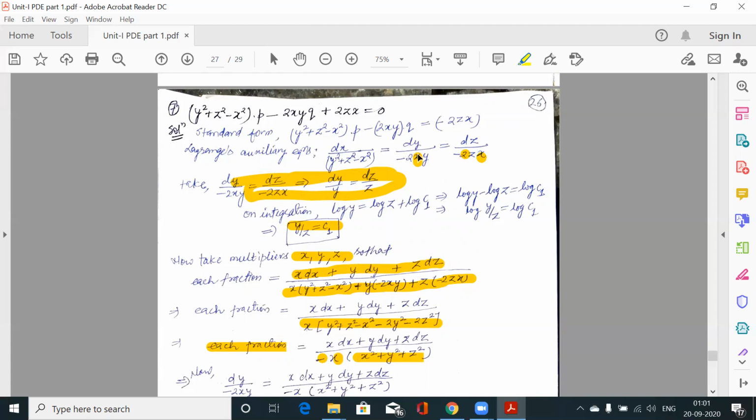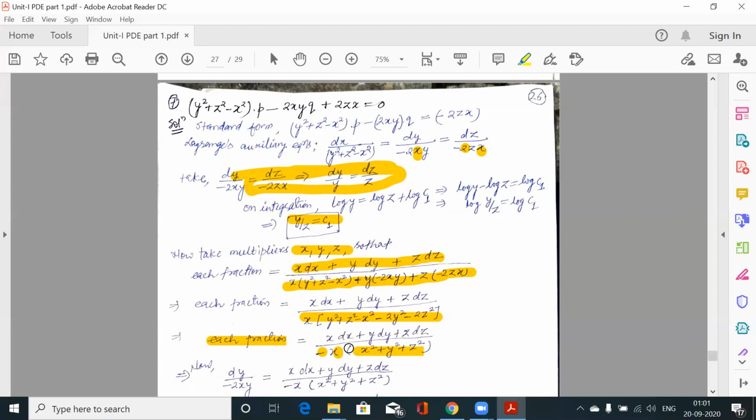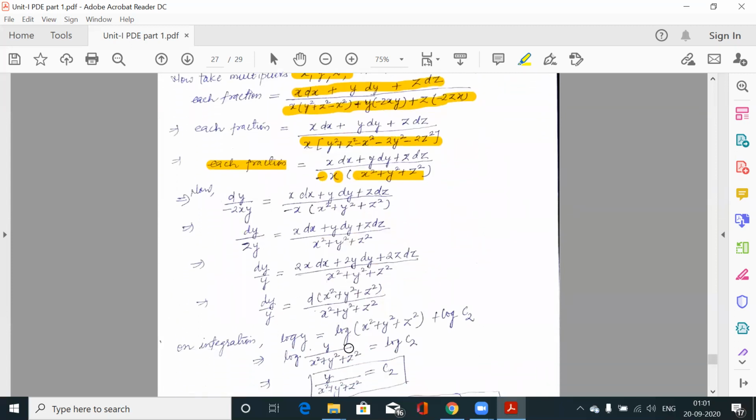So this is integrable, and this is also integrable. So we have taken dy over, because this fraction is equal to each of the fractions, the second fraction, dy over minus 2xy.